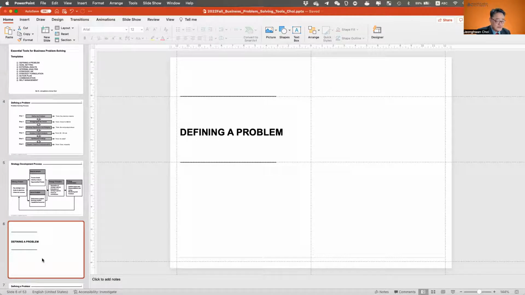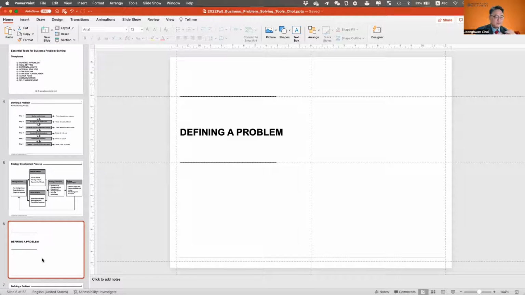Situation by situation, people by people, business by business, we have totally different problems. And unfortunately, that problem is dynamic. The problem is changing over time. So even though we define a problem now, that problem can be different, or that problem can be no problem tomorrow.